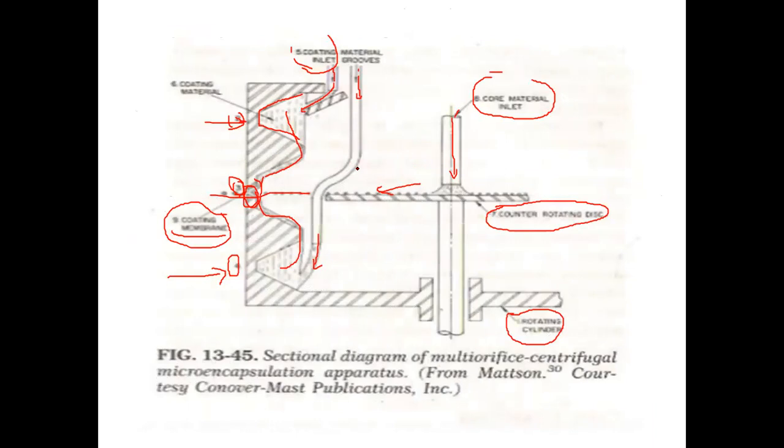One core material inlet is there, and one counter rotating disc conveys the core material through the orifice opening where the coating membrane is there, and through the grooves the coating is applied to that core material, and the encapsulation process is carried out. It's a simple process. These are the different methods that we have covered under the microencapsulation process.